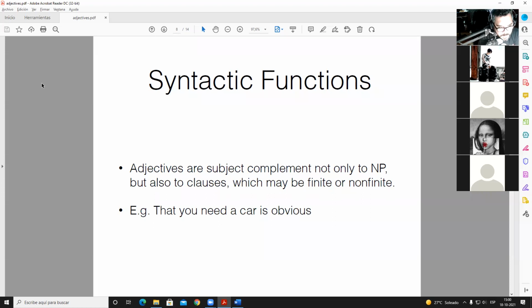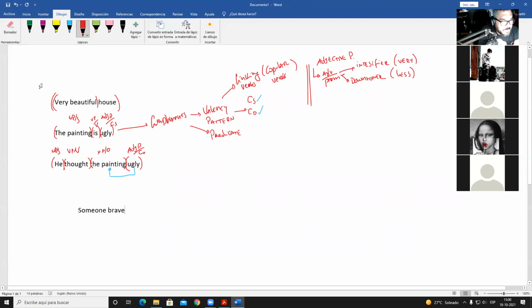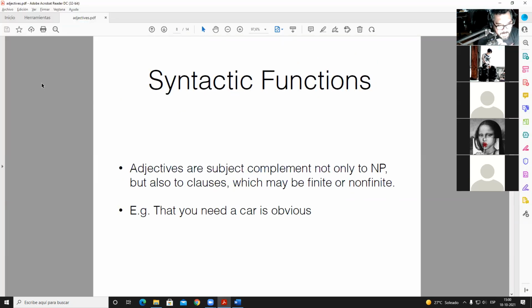This is the second example we're talking about. The painting is ugly. There, the adjective ugly is a subject complement, right? Adjectives are subject complements, not only to noun phrases.